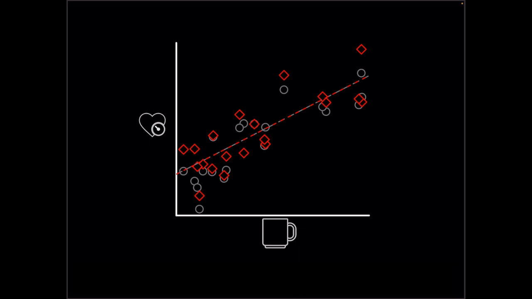This is because of how our line is calculated. It focuses on the vertical distance between the points and the line. As long as the error in blood pressure is unbiased, then the errors will again cancel out and produce a similar line on average. While this may suggest measurement error doesn't matter if it is in our outcome variable, it still introduces greater uncertainty.